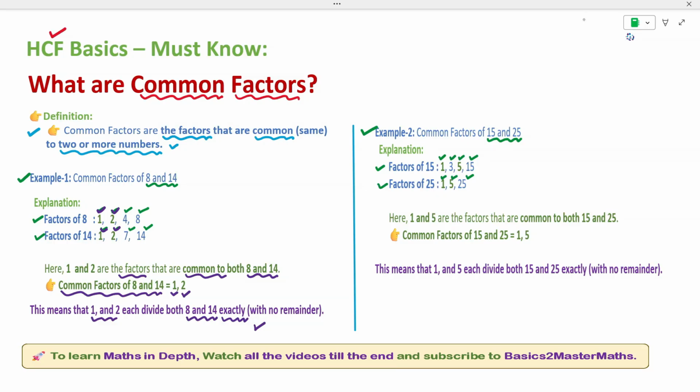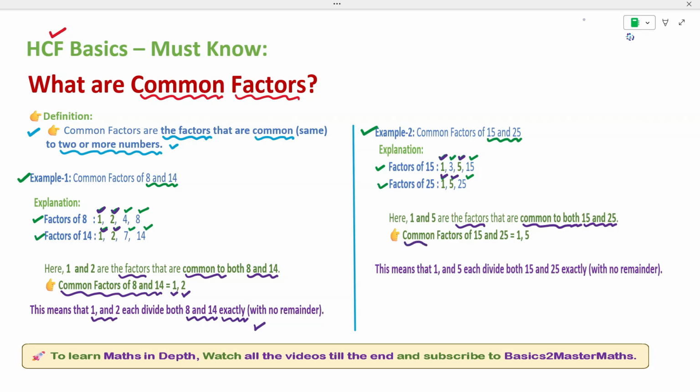Observe here, 1 and 5 are the factors that are common to both 15 and 25.